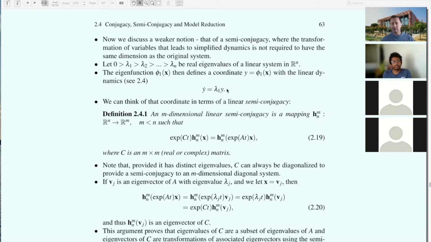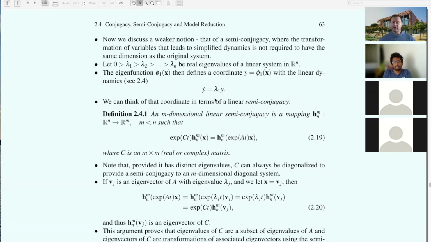So what did we obtain? Just by using this mapping from X to the space of real numbers R obtained by phi_1, we obtained a one-dimensional linear system. So this is somehow a simplifying coordinate on the original system.